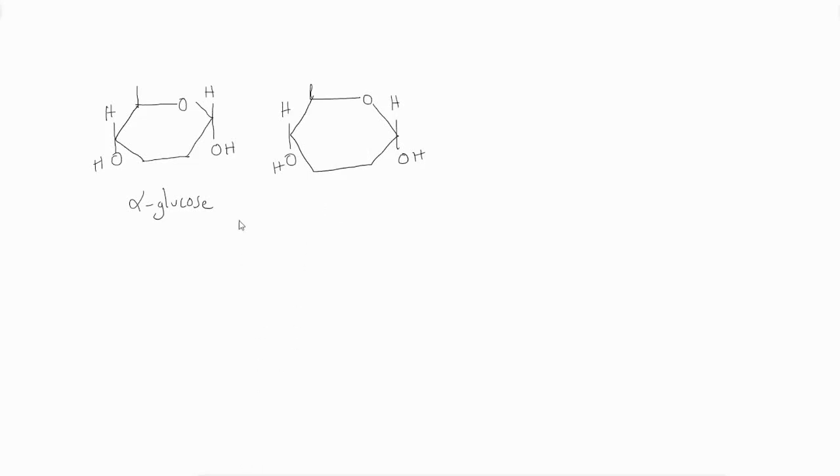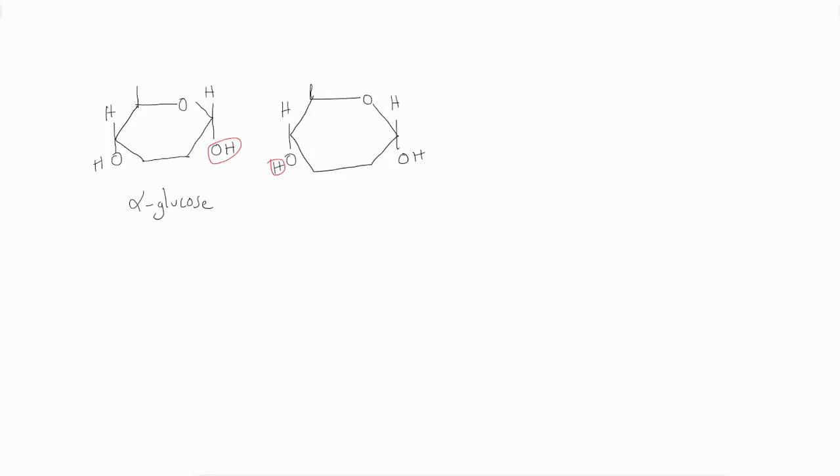And you can see these groups are here. We have an OH here, and we have an OH on the other side. And I'm going to circle these three atoms, because these three atoms can form water molecules.